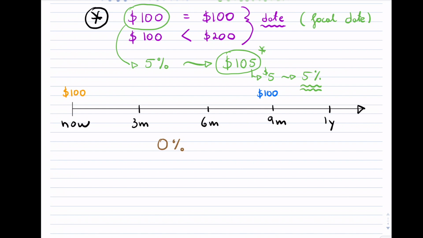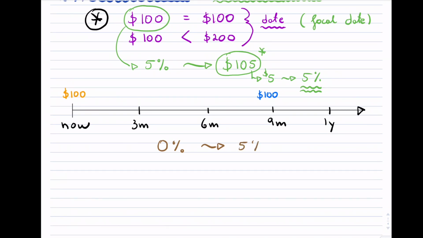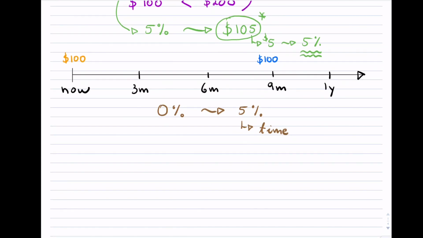But as soon as you change this, and again we can make it simple, let's say it's 5%, there's a concept of time value of money, meaning that money is changing over time at this 5% rate.